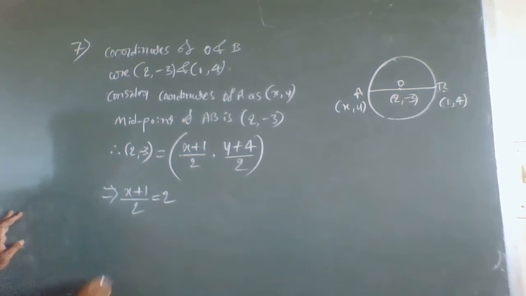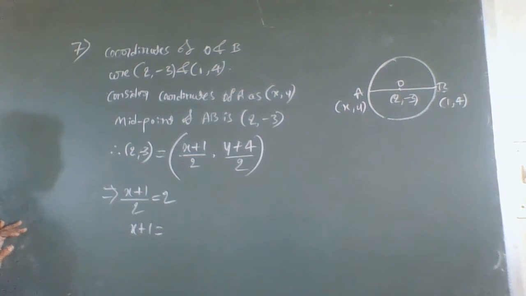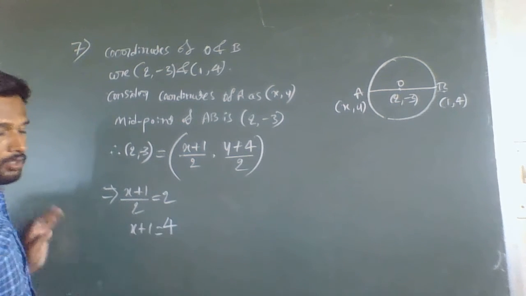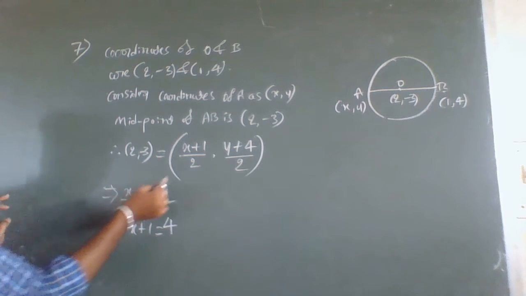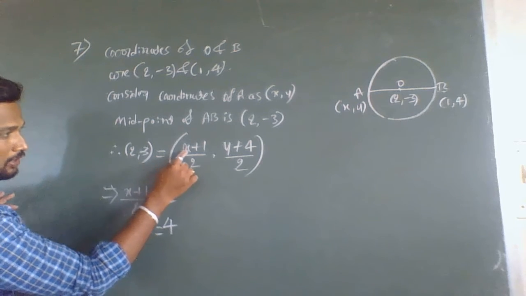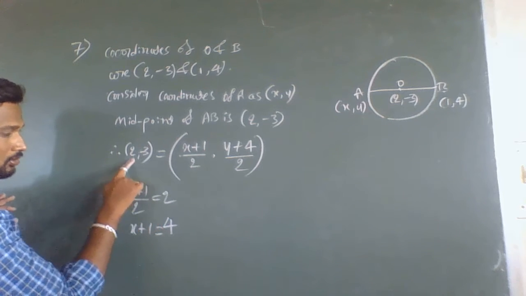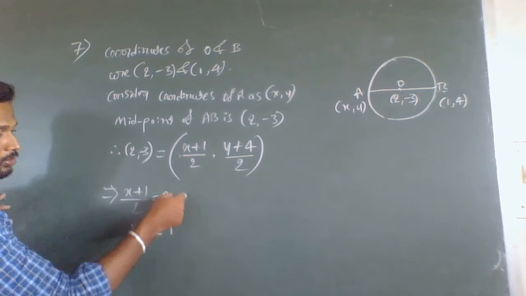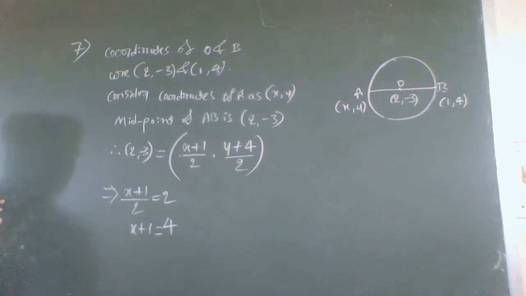Moving the 2 to the right hand side, x plus 1 equals 2 into 2, which is 4.